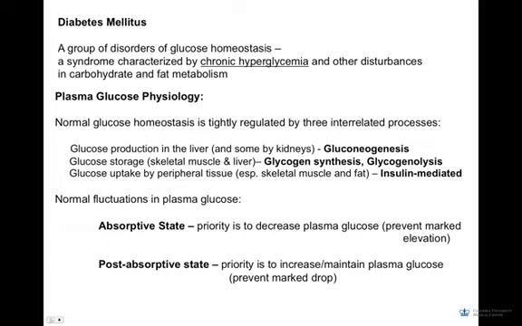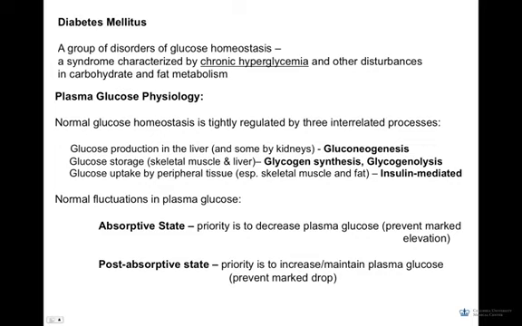And then we have glucose uptake by peripheral tissue, especially skeletal muscle and fat. It's not on this list, but the liver is also an important part of that list of peripheral tissues. And this uptake of glucose by these tissue types is insulin mediated, meaning that the insulin allows these tissue types to take up glucose.